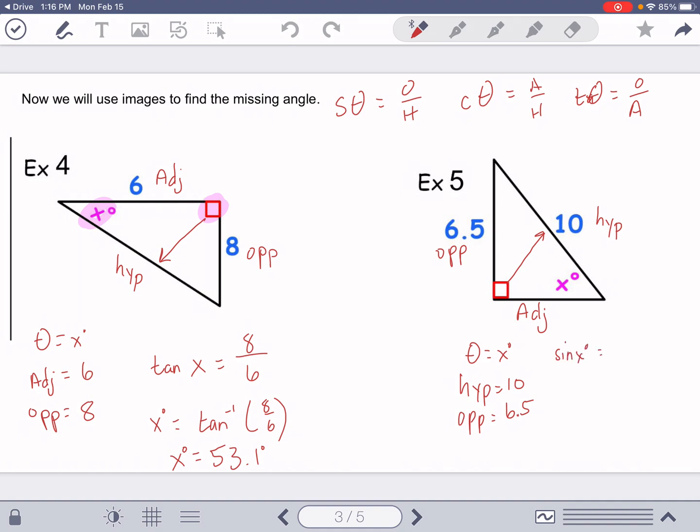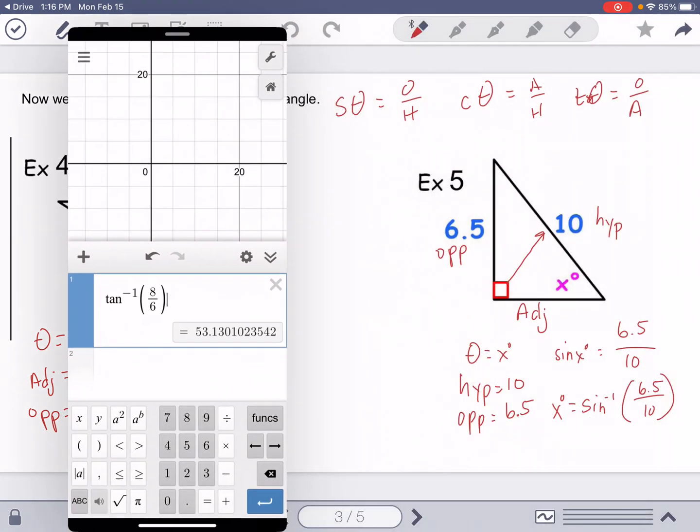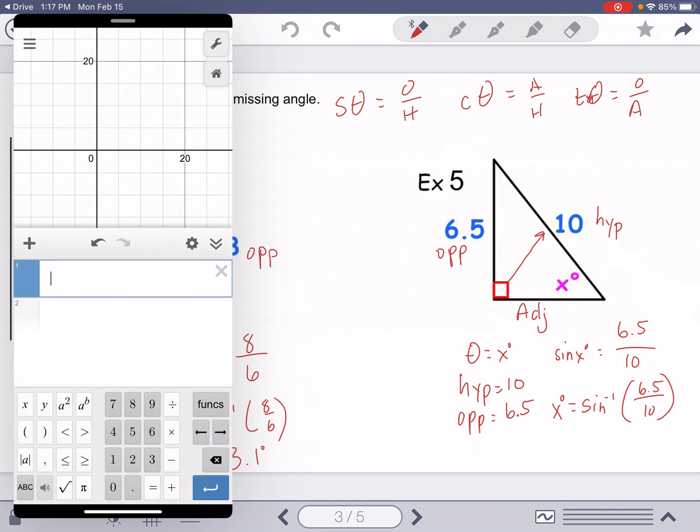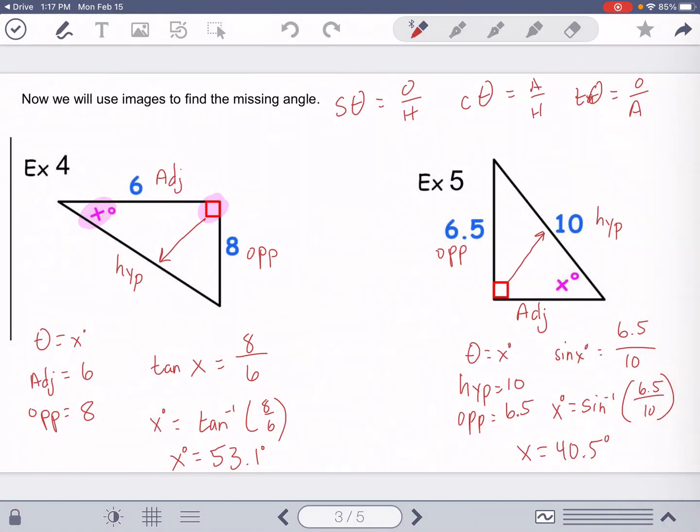So sine of x degrees is 6.5 over 10. So x is the inverse sine of 6.5 divided by 10. All right. So x is going to be 40.5 degrees.